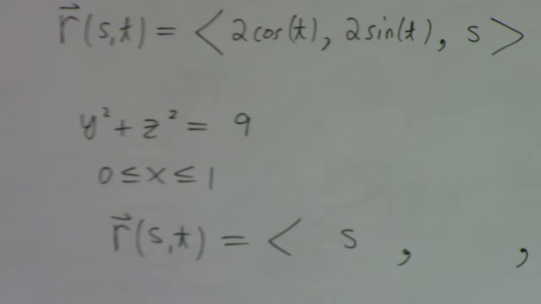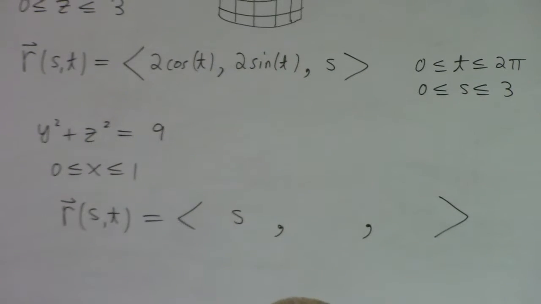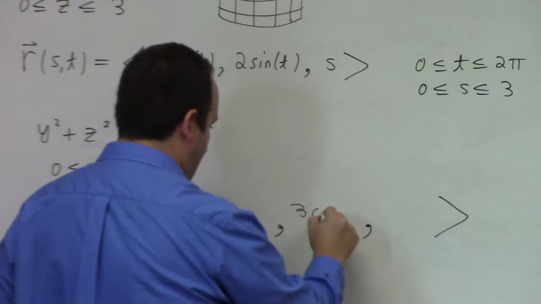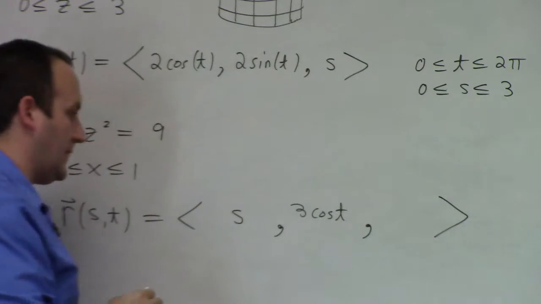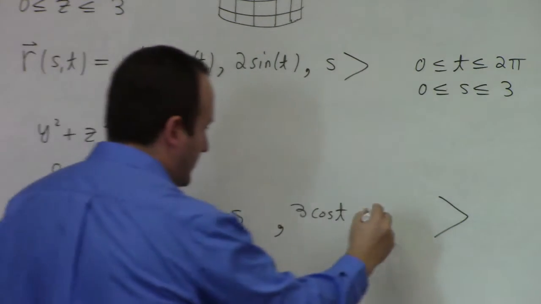But how do I get y squared plus z squared equals 9 using some formulas? 3 cosine t, yeah. And 3 sine t, yeah.